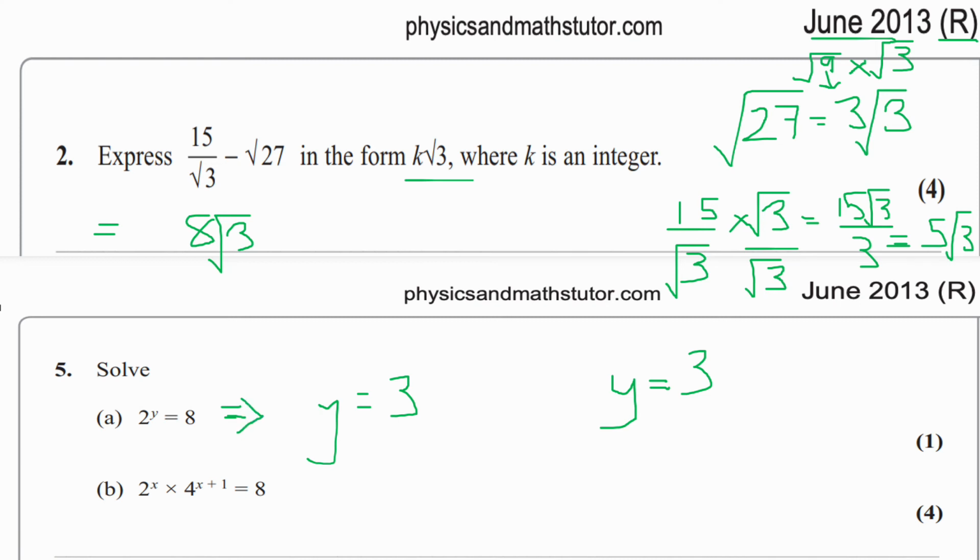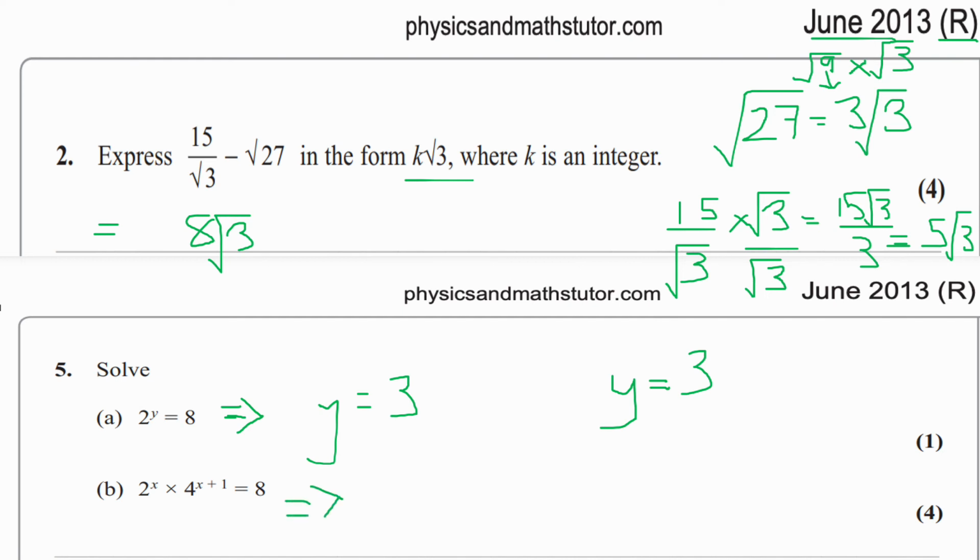Obviously the answer here is going to be a whole number, but if it wasn't, then we would use logarithms to solve this equation, and I am going to cover that in a later video. I'm going to be covering logarithms and the laws of logs in an upcoming video.